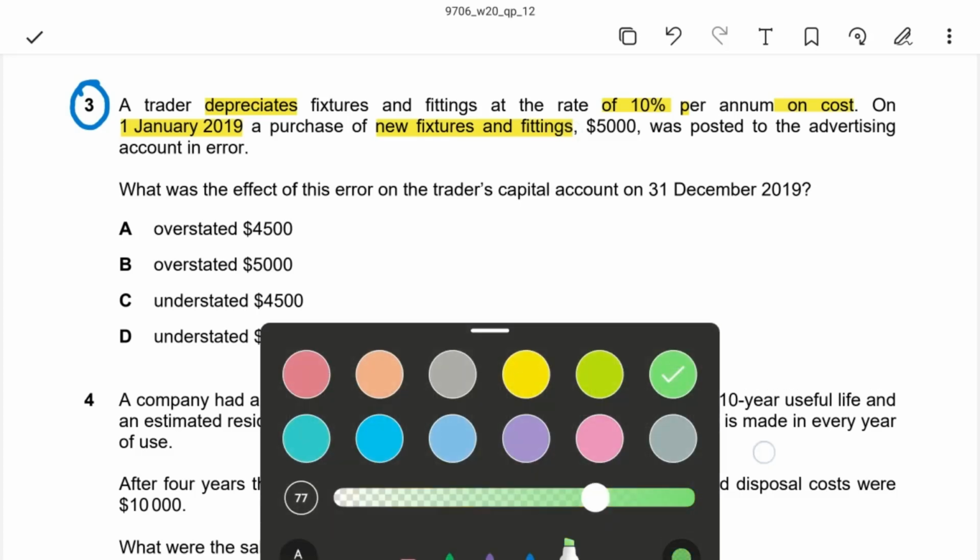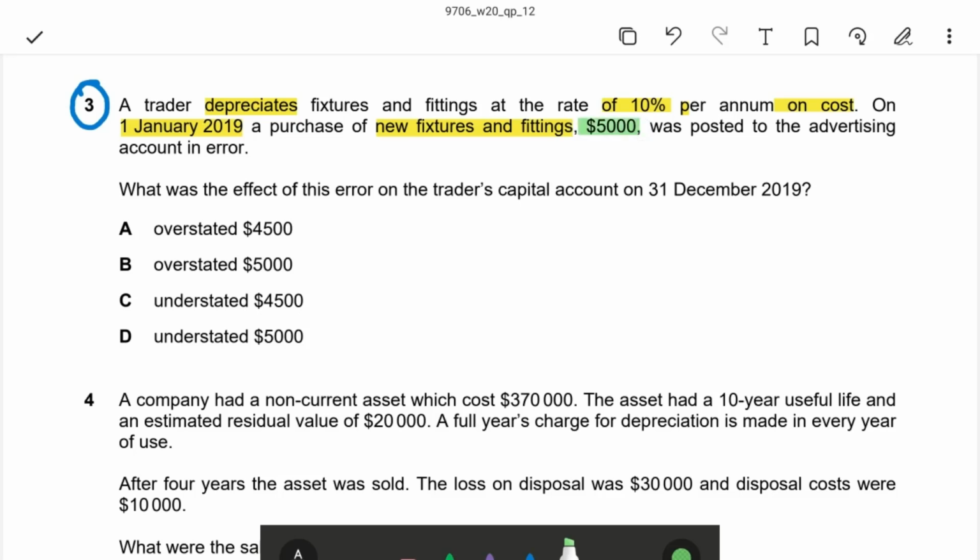The price is $5,000, which was posted to the advertising account in error. The purchase of a fixed asset was put in the advertising account. Advertising is an expense.